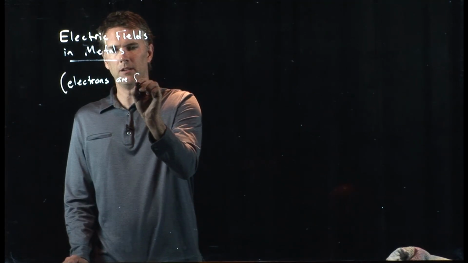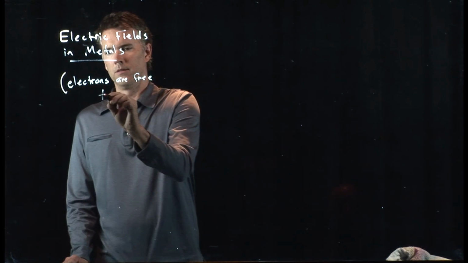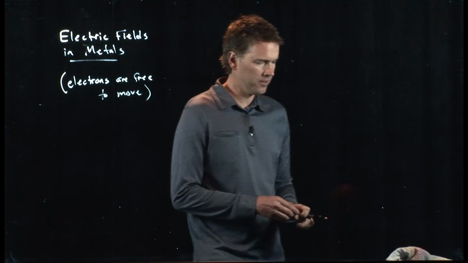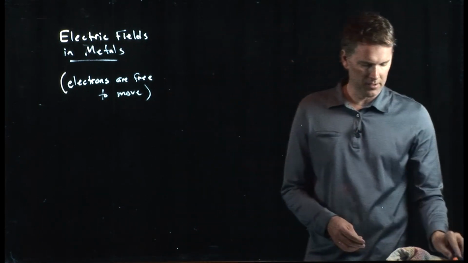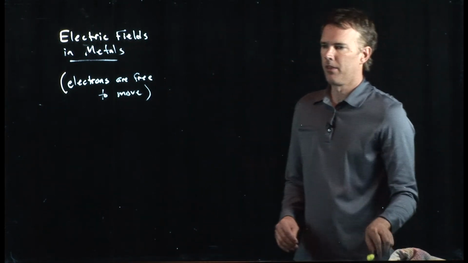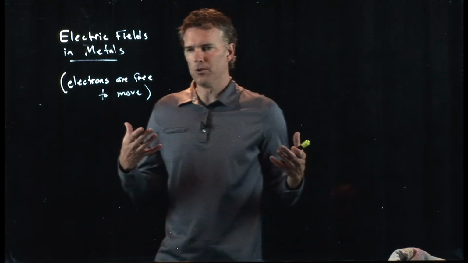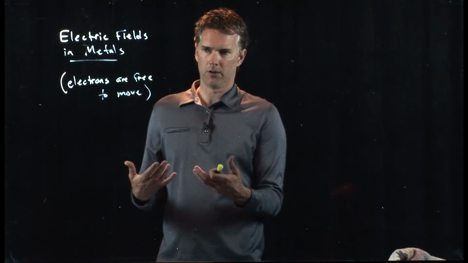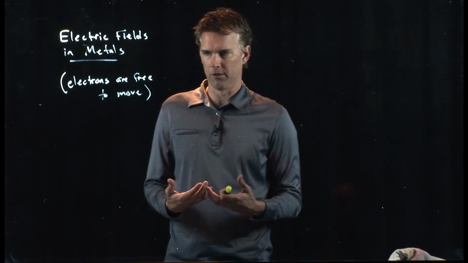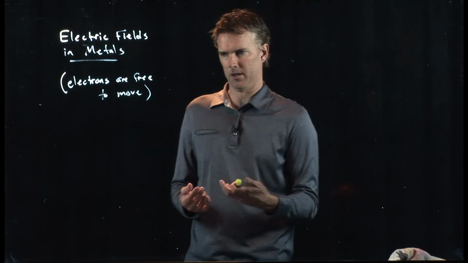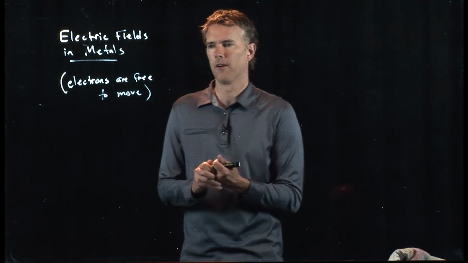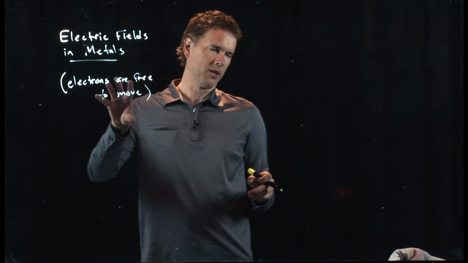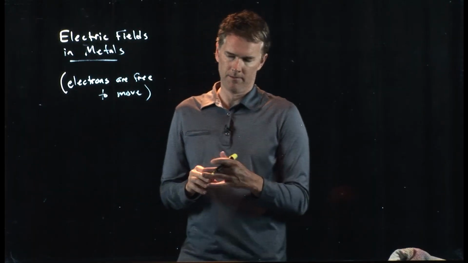This is what makes it a metal. Later on, we're going to learn about resistance, and resistance has to do with trying to not let them move so easily. So all conductors have a resistance associated with them, unless it's a superconductor. Okay, then the resistance goes to 0. But for now, let's not worry about any resistance. Let's just pretend those electrons are basically free to move.